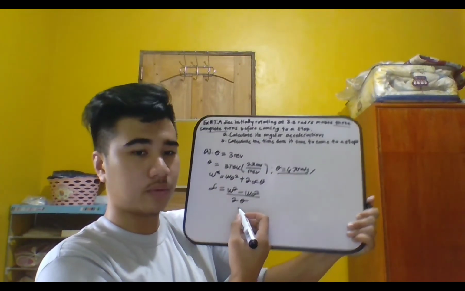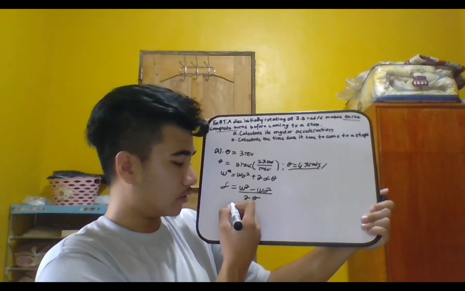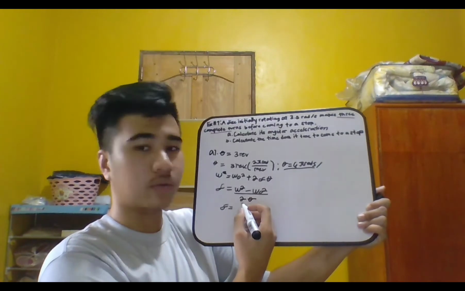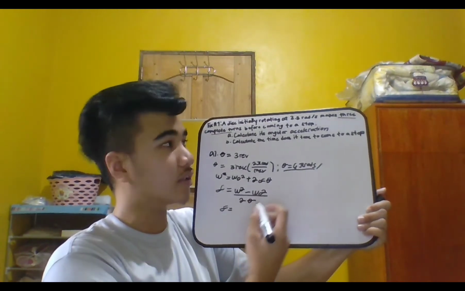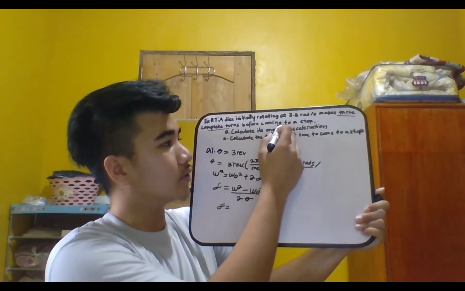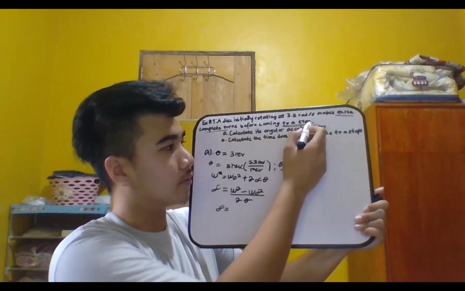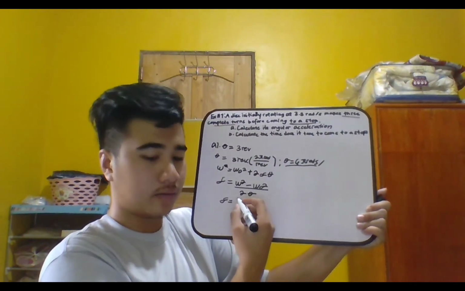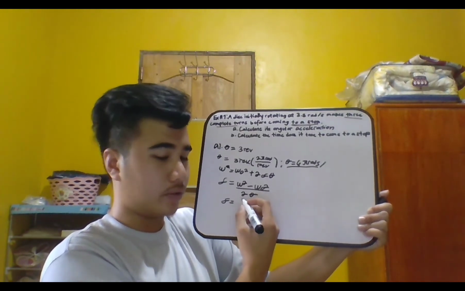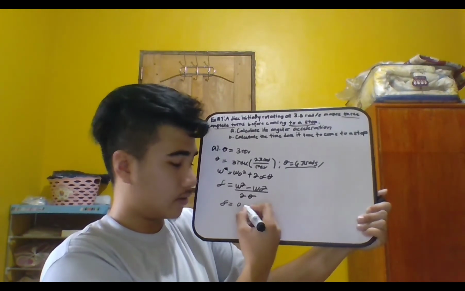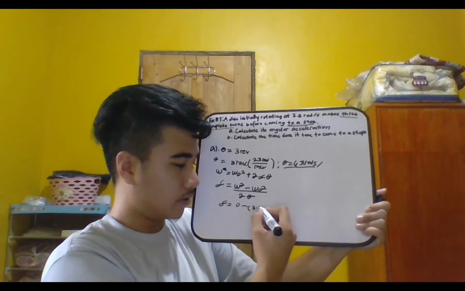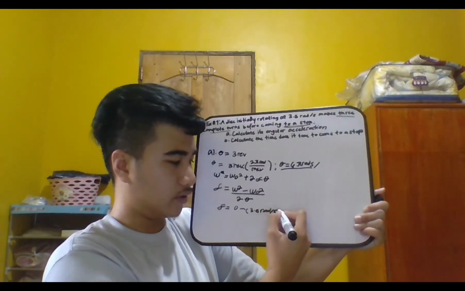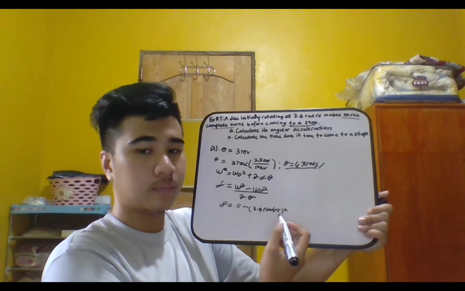So, by substituting, 0 yung final velocity natin kasi according to stop ito. So nag-stop na siya with the initial velocity na 3.5 radians per second quantity squared.